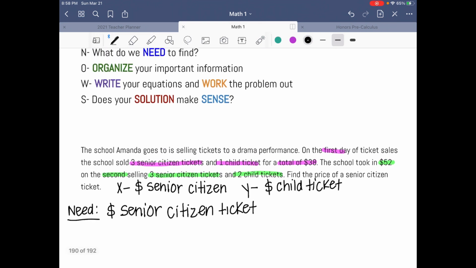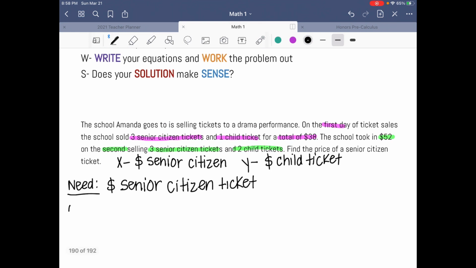So now we're going to organize our information here. We are looking into the situation, and we can see that we have 3 senior citizens and 1 child, and that is going to be our 2 defined variables, but we need to organize it into the first day and the second day.